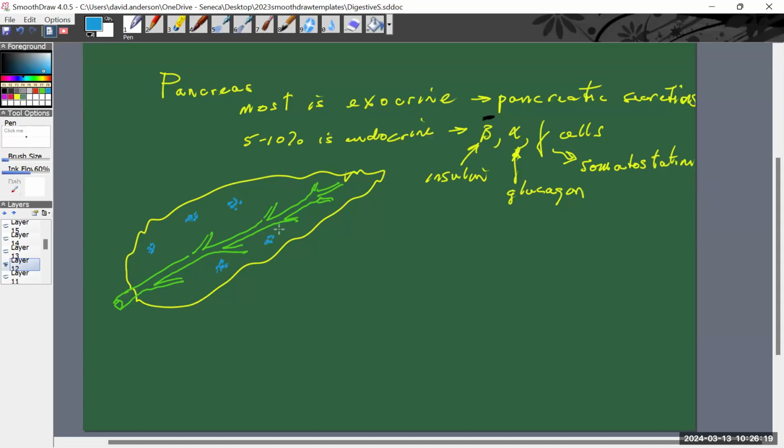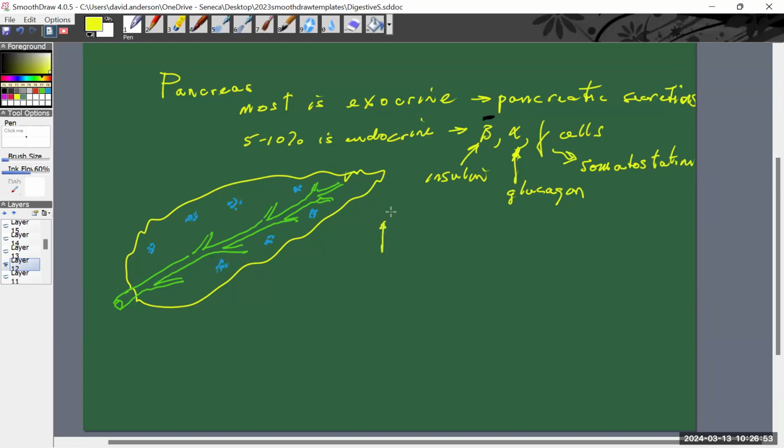A guy named Langerhans was the first to identify these as cells that had different functions throughout the pancreas. And so they used to be called islets of Langerhans, and they're more accurately referred to as pancreatic islets now, because that at least gives us a location when we're looking at a name. And that's the location for these beta cells, alpha cells, and delta cells. They're going to be found in these little clusters. But all the rest of this gland is responsible for producing pancreatic juices.